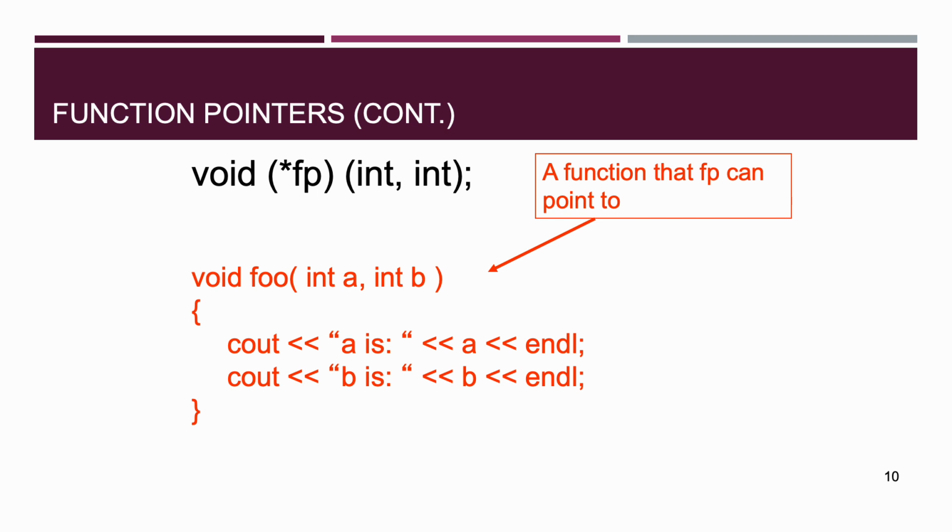This allows us to dynamically choose which function fp should point to at runtime, giving our program more flexibility. If you look here, with cout we are printing a is a and b is the value of b. So this void foo function takes two parameters, and this is the function that fp can point to.